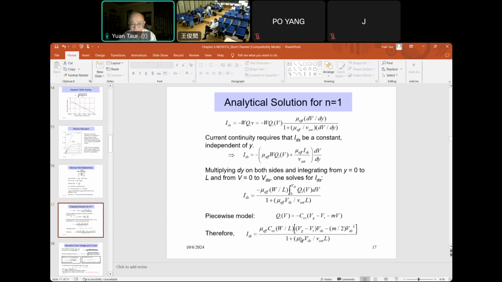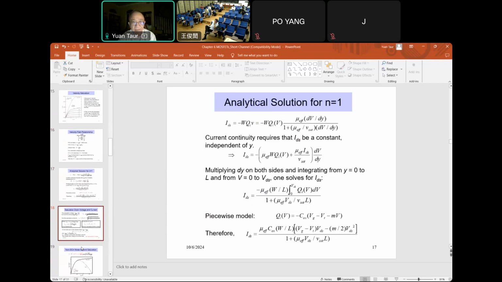If this is negligible, then we're back to the long channel, the constant mobility case. But this means that there's a VDS dependence. So when we try to find out the VDS when the current saturates, we have to take this denominator VDS dependence into account.